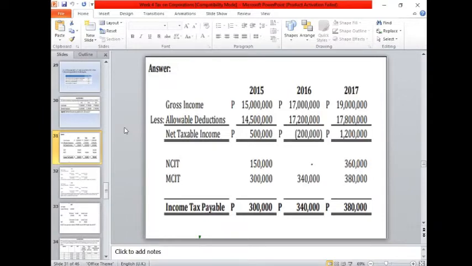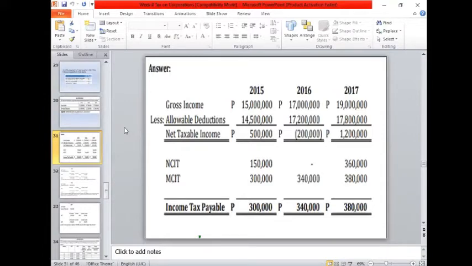In 2016, of course, because the corporation suffered a loss, the normal corporate income tax is zero, but there is a minimum corporate income tax of 340,000. So the 340,000 shall apply. Okay. And for 2017, we have the normal corporate income tax of 360,000, because it is 30% of the net taxable income, which is 1.2 million.